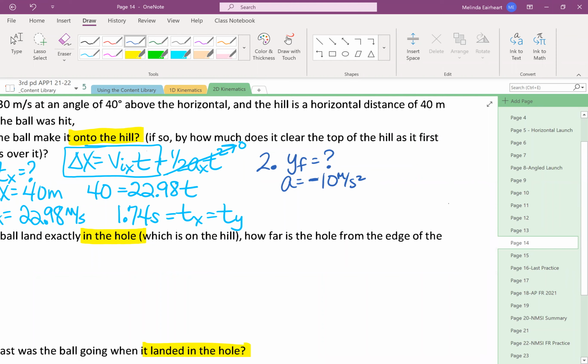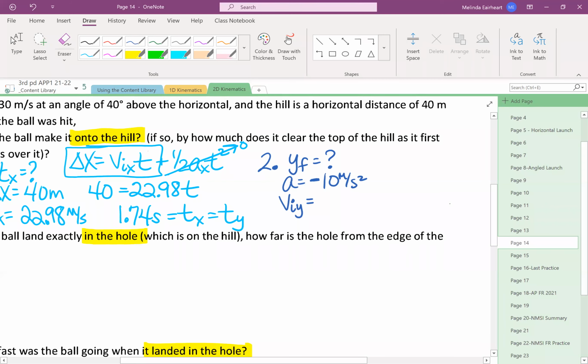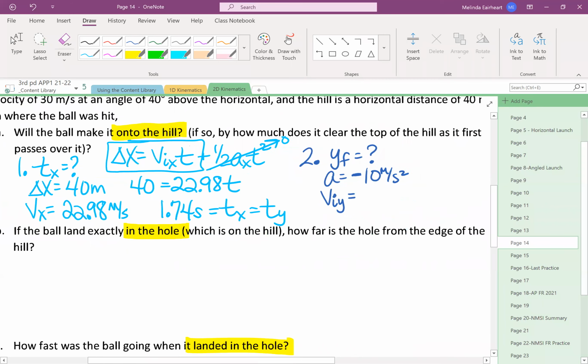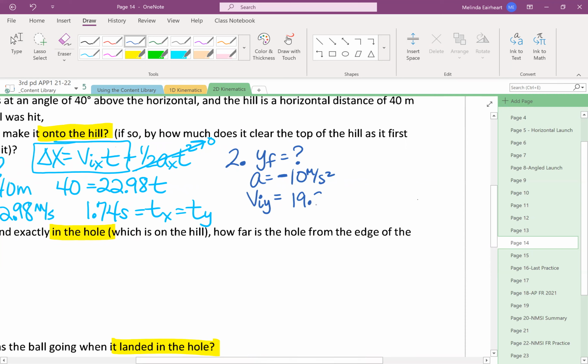What else do we know vertically? Right, we found that initial velocity component and got 19.28. What else do we know? We know time carries over from the horizontal, so the time is the same.